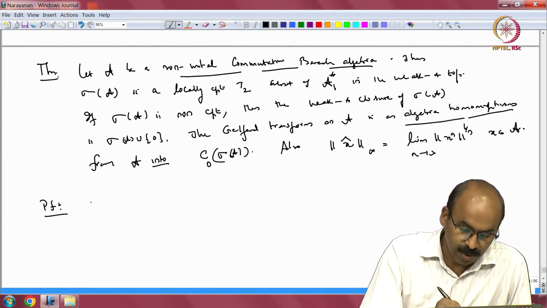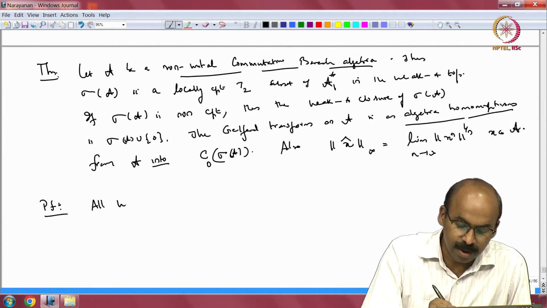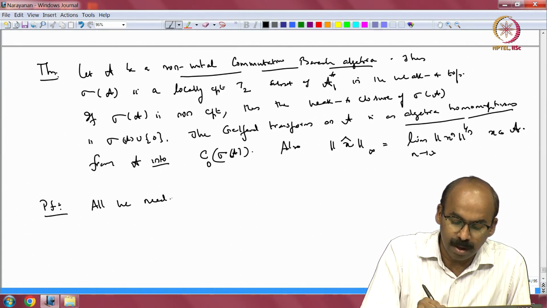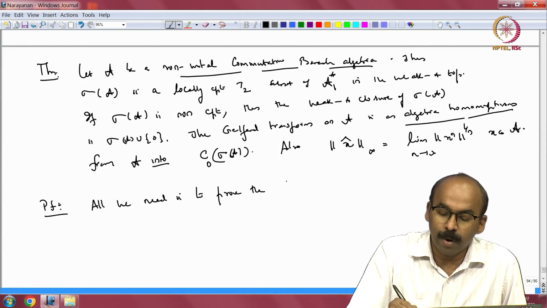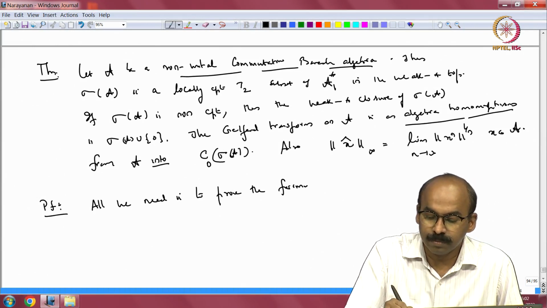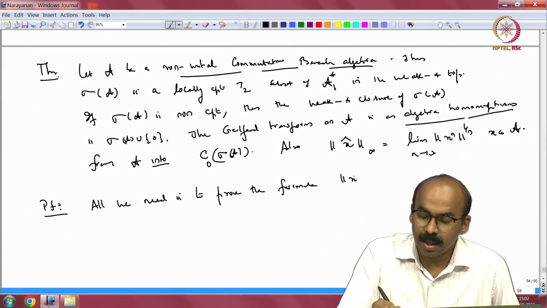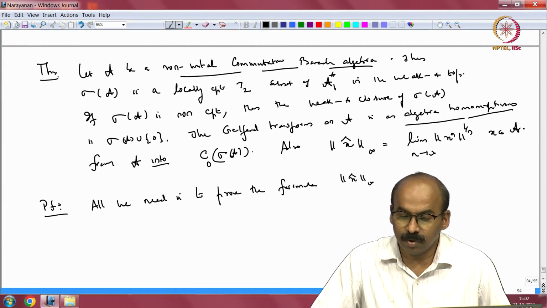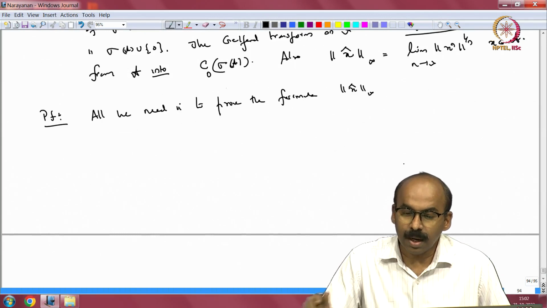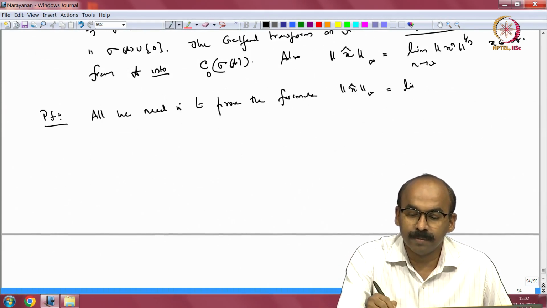Okay. So, all we need is to prove the formula, right, which is that the supremum norm of x hat, the Gelfand transform of x, is equal to the limit.